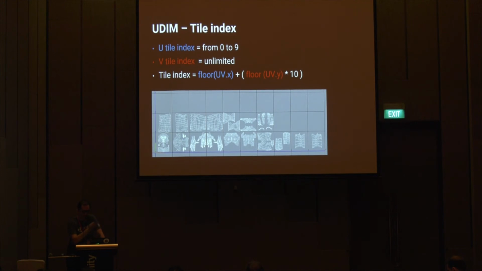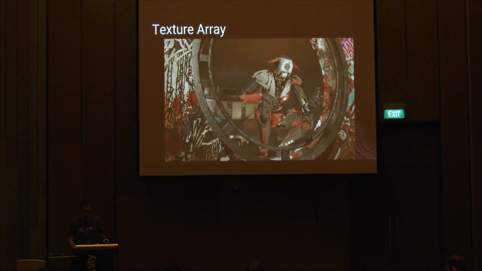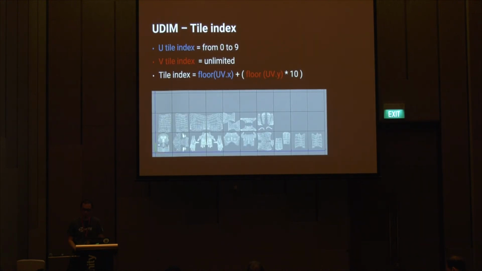As you progress from left to right, you get 0, 1, 2, 3, 4, 5 until 9. Then the second row will be 10, 11, 12, 13, and so on. Going back to the robot example, there will be one texture array with all 126 albedo maps. To find out which index to use, I use this formula and then apply that 2K albedo map onto the robot.